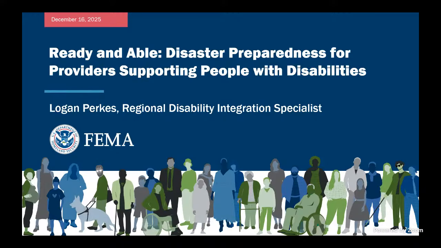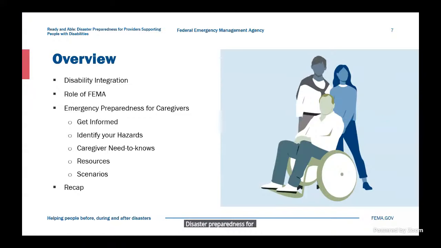My presentation is called Ready and Able, Disaster Preparedness for Providers Supporting People with Disabilities. I'll give a brief overview of what you can expect from this training today. I'm going to talk about what disability integration is. I know that's not a common thing at many organizations. Then I'll briefly explain FEMA. I know not everyone is familiar with it.